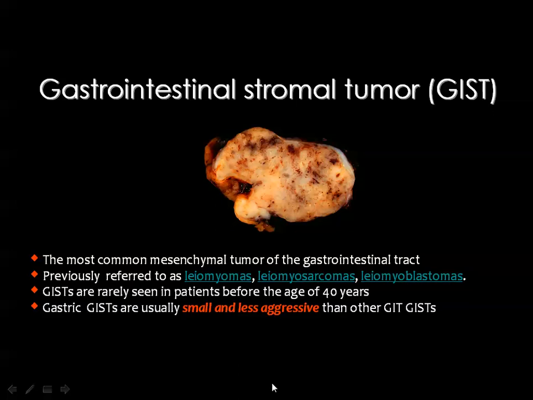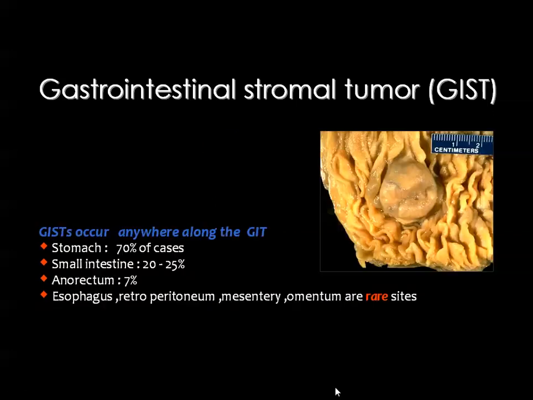And these tumors are rarely seen before the age of 40 years according to the literature, and the gastric GISTs are usually small and less aggressive than other GIT GIST tumors.